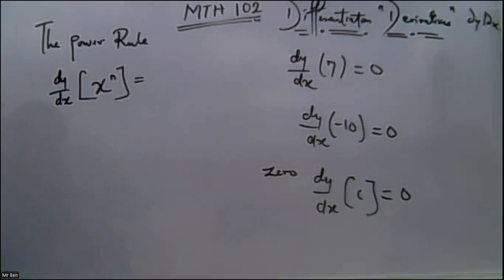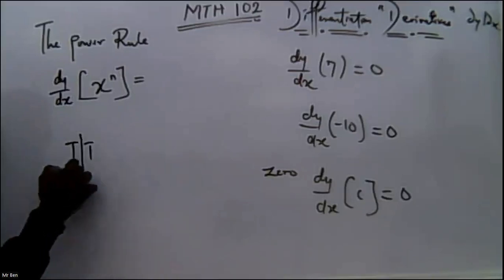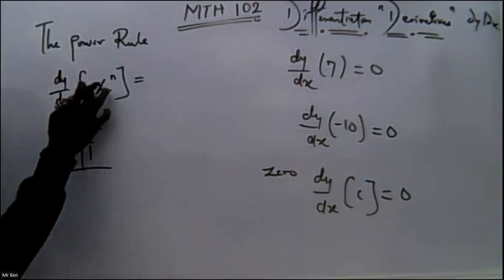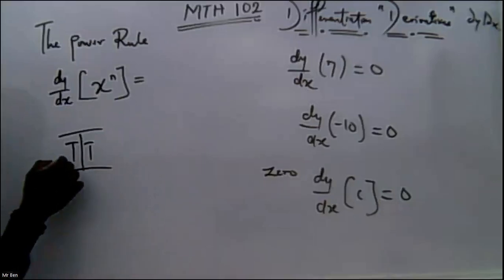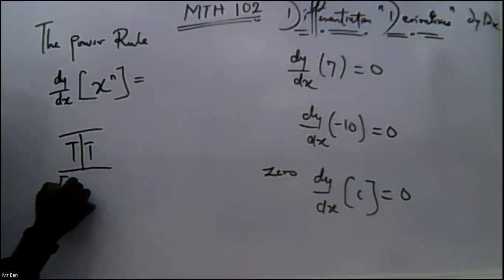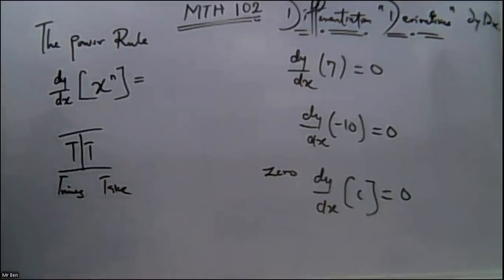This is what I'm saying: it is times and take. Subtract 1 from the exponent, and we multiply with the function. Please don't forget, times and take. Do you get that?